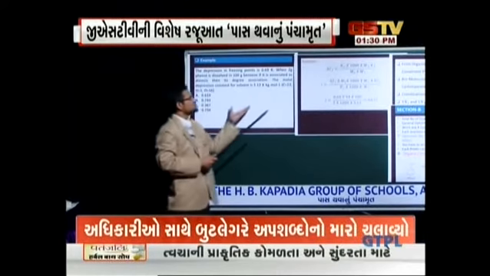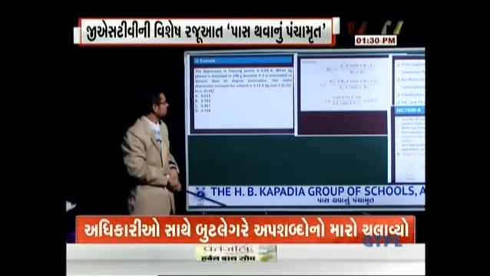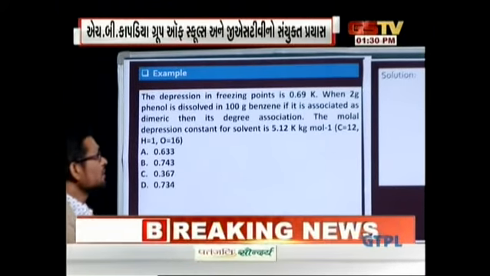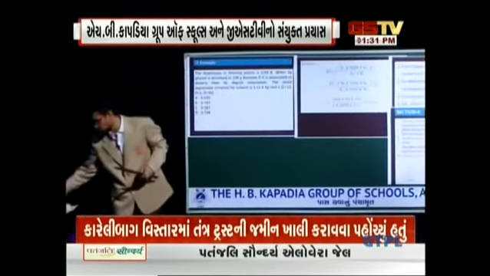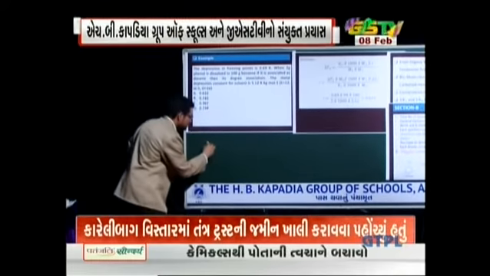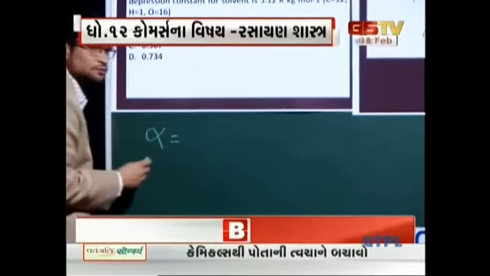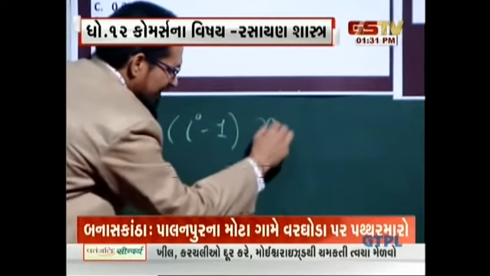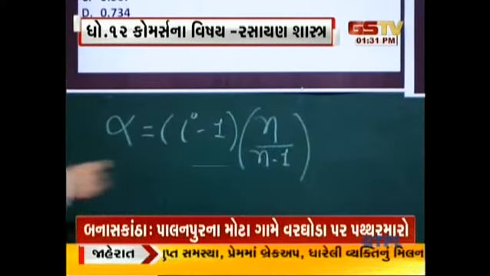To solve the MCQ, we have to use a formula. What we have to find is the degree of association. The degree of association formula is alpha is equal to (i minus 1) n upon (n minus 1).